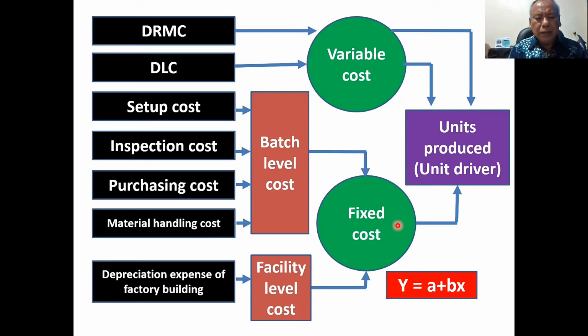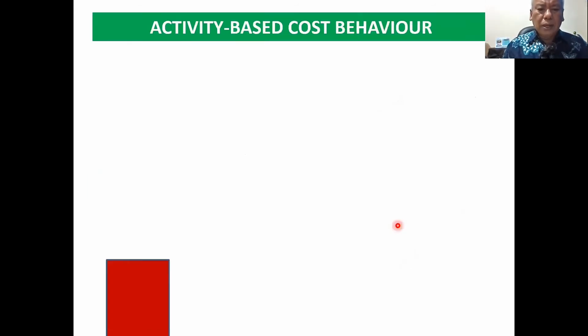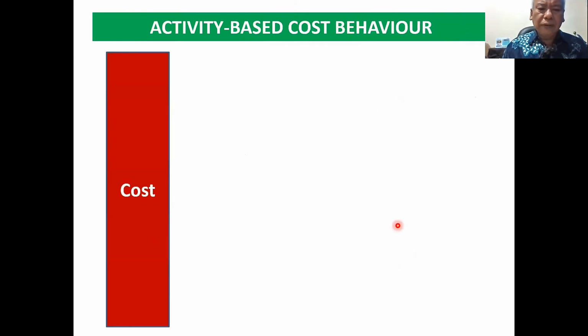In fact, for example, when we redesign the products or redesign the process, this batch level cost might also change. And then to overcome this weakness or limitation, we can use activity-based cost behavior.